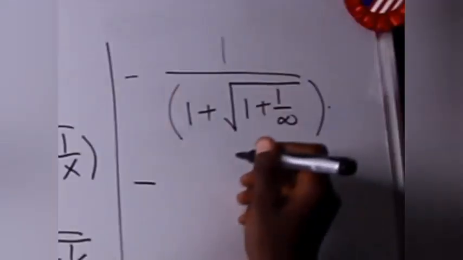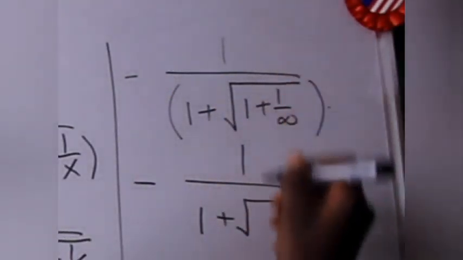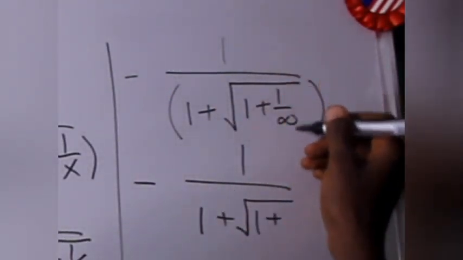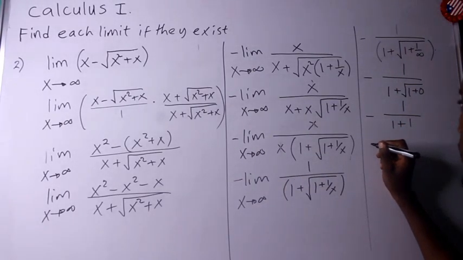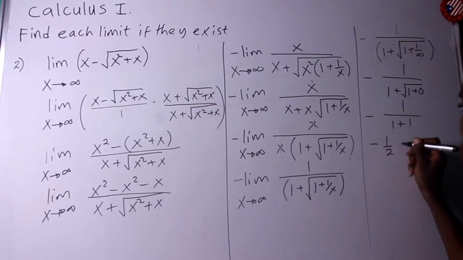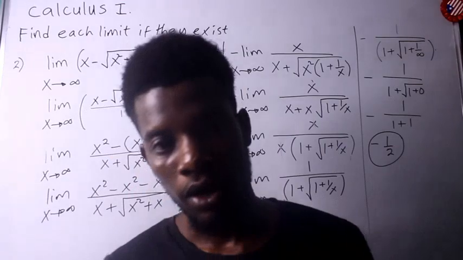So we have minus 1 over 1 plus the square root of 1 plus 1 over infinity, which is 0. So we have minus 1 over 1 plus the square root of 1, which is 1. And if we do that, we have minus 1 over 2. And this is the result for this problem.